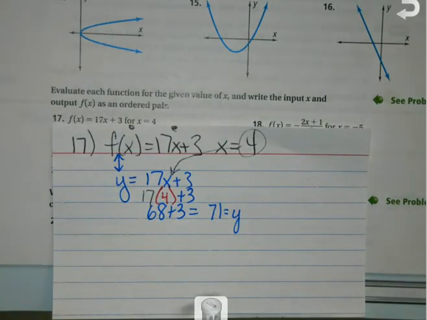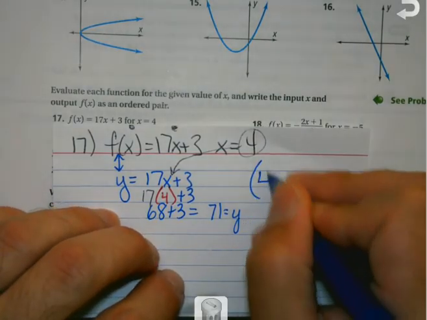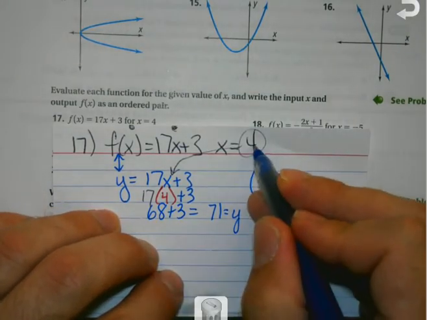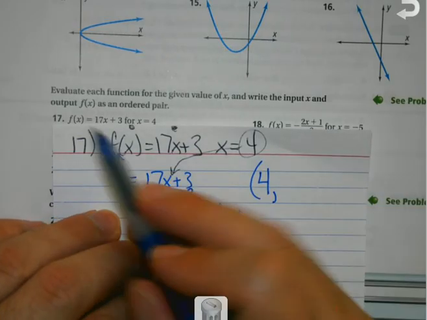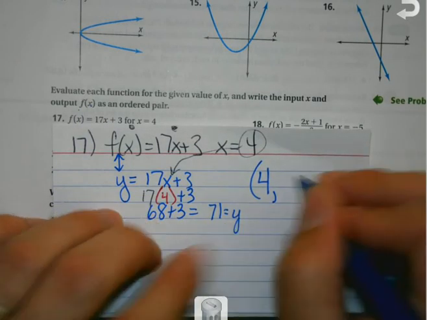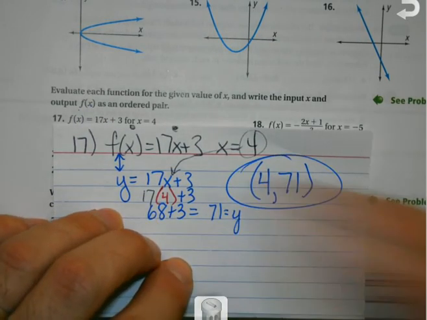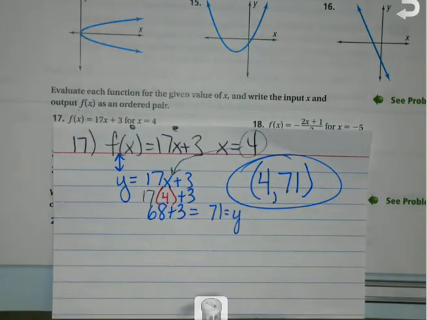Write the input, x, the number I plugged in, comma, the output, f of x, or y, as an ordered pair. That's what I want to get to at the end. The other stuff's important, but I've got to get that solution down in the way that it's being asked for.